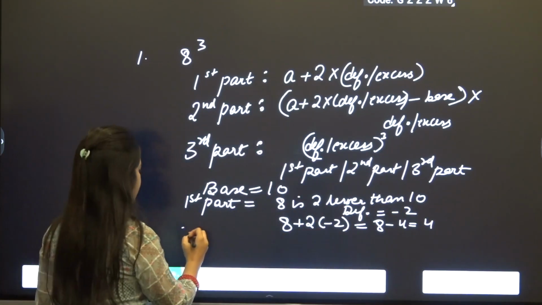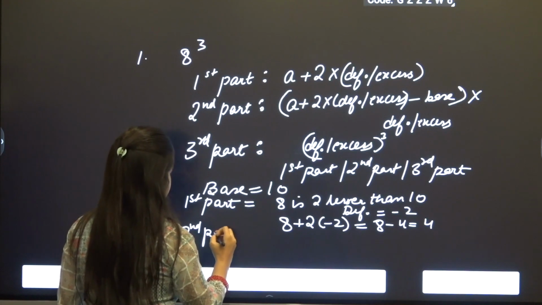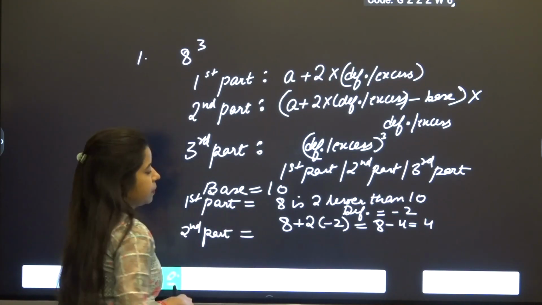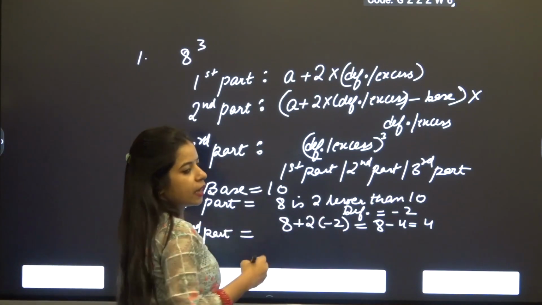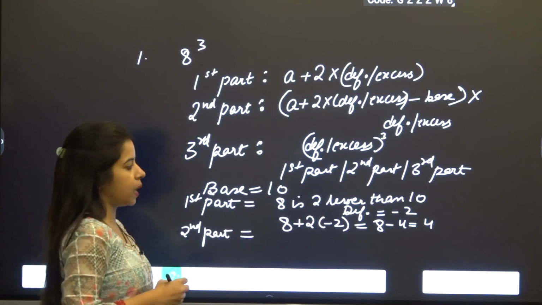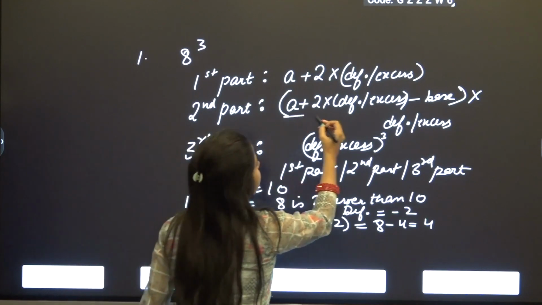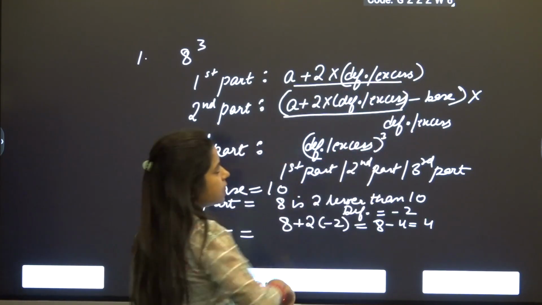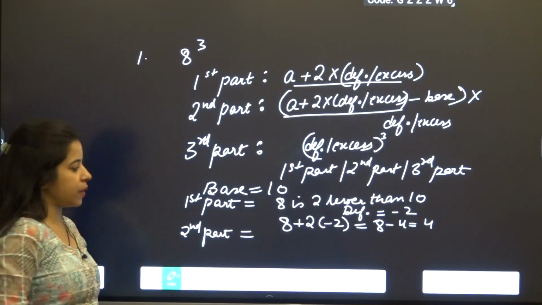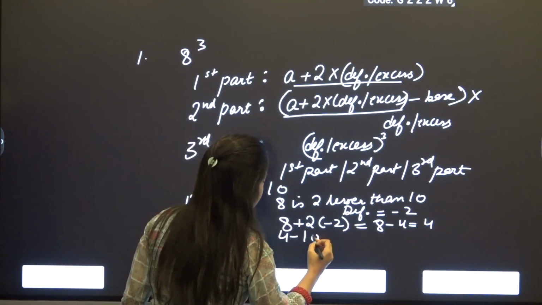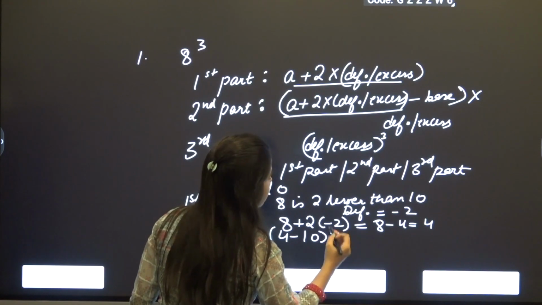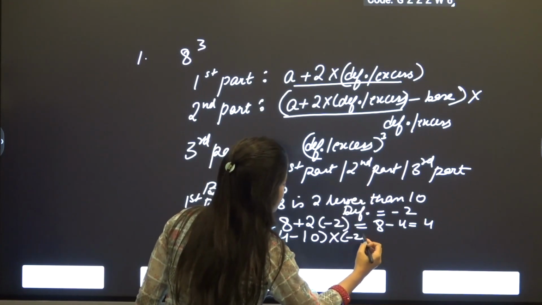For the second part, the number that I have obtained in the first part, which is the same as the first part, I am going to subtract the base from it and multiply by the deficiency, which is minus 2.